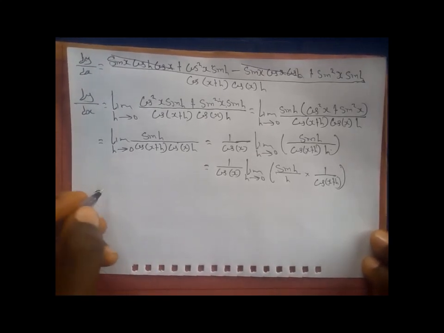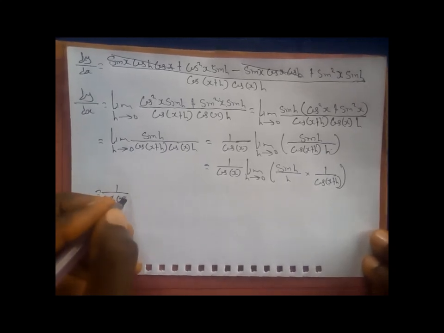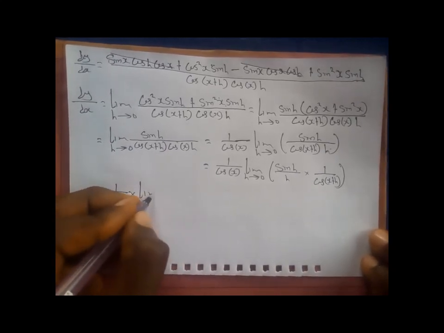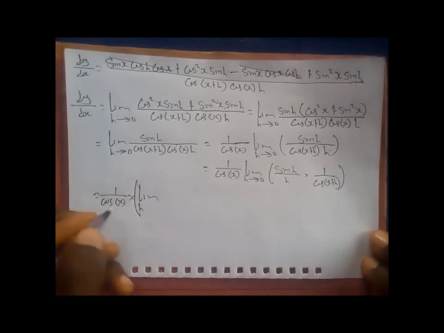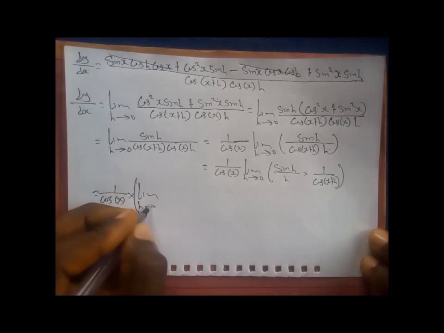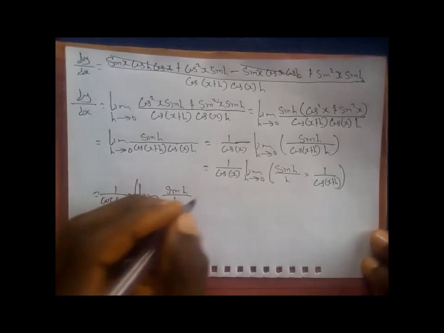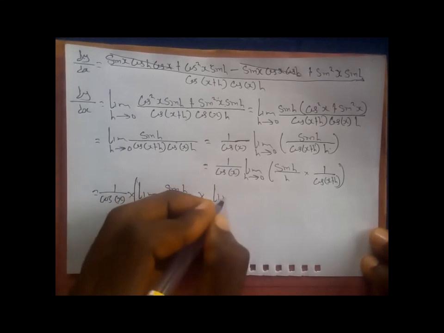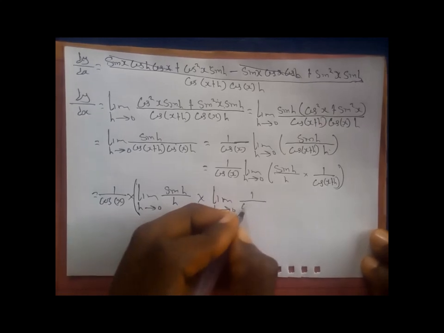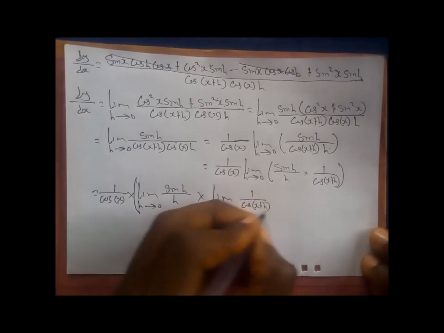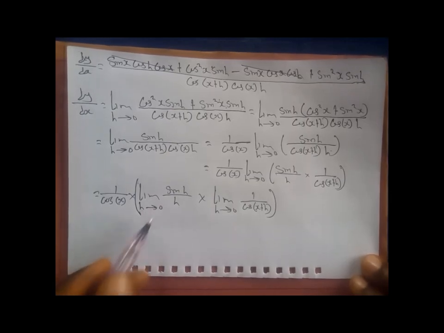Then we have dy/dx equals 1 over cos x multiplied by, in a bracket because of the cosine, the limit as h approaches 0 of sin h over h multiplied by the limit as h approaches 0 of 1 over cos(x plus h). Incredible. Now we can plug in the limit as h approaches 0.